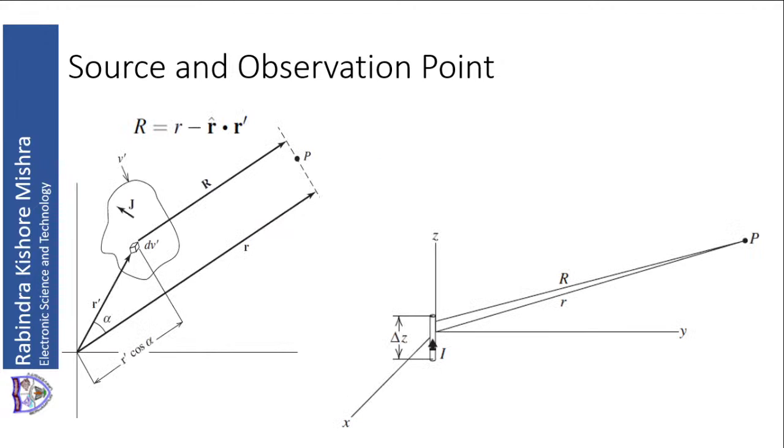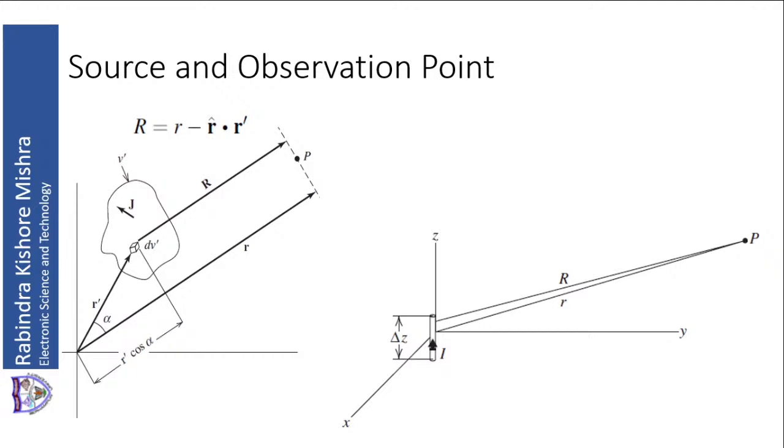Now you can see that the angle between small r and r dash is alpha. If I drop a perpendicular from the elemental volume onto small r, then it will meet it at a point which is at a distance r dash cos alpha.